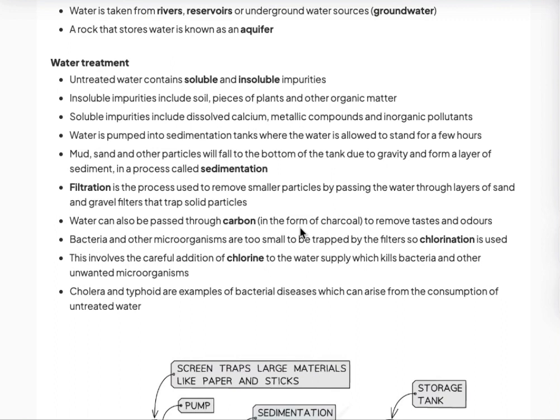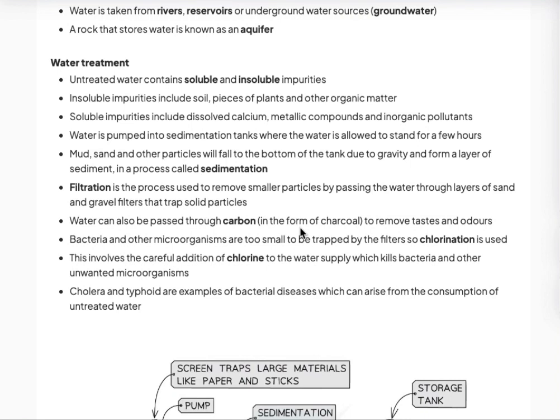Remember, the first process is filtration. The second process is sedimentation. The third process: filtration is the process used to remove the smaller particles by passing the water through layers of sand and gravel filters that trap the solid particles.